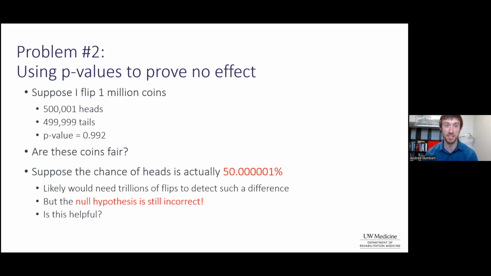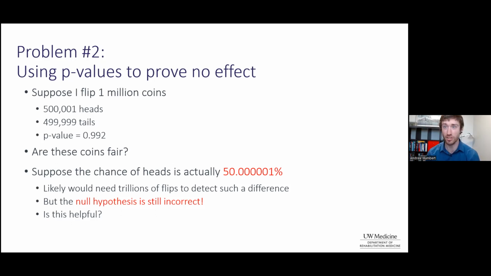This null hypothesis is 100% false in this case. So while conceptually we might view these coins as fair, in a rigorous statistical setting, this is not the same as the null hypothesis being true. And my follow-up question would be, is this really a helpful way to approach a research question? If I can't say a coin is fair, even though it's a 50.00001% chance, is that really helpful?